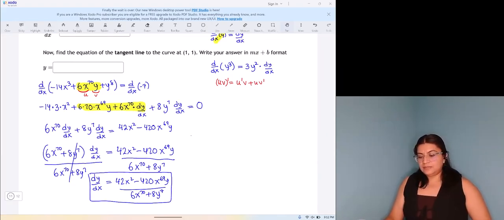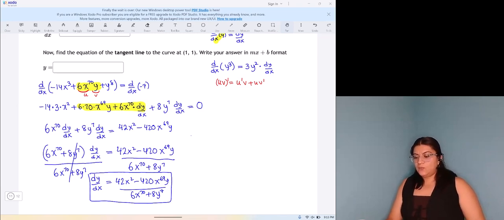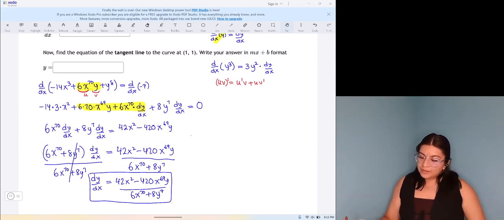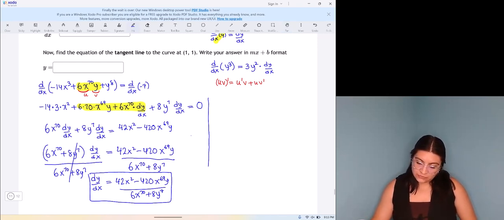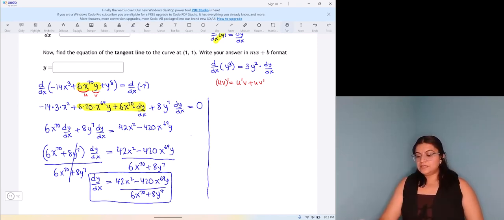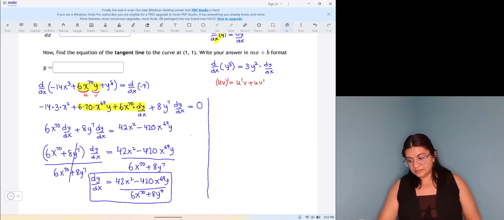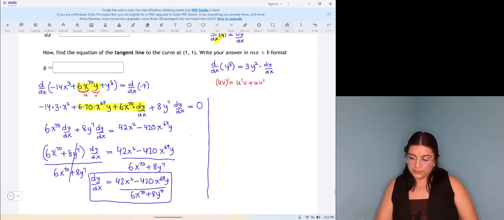Now find the equation of the tangent line to the curve at 1, 1. Write the answer in the form y equals mx plus b. Whenever it's asking to find the tangent line, the slope is the derivative at the given point. So first we find the slope.